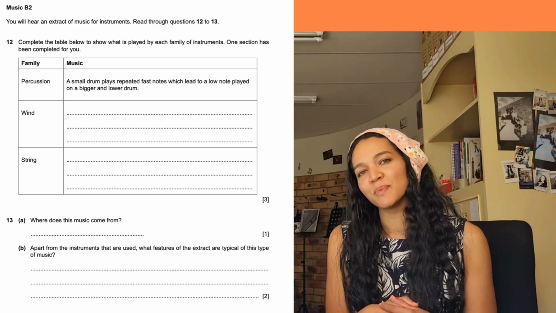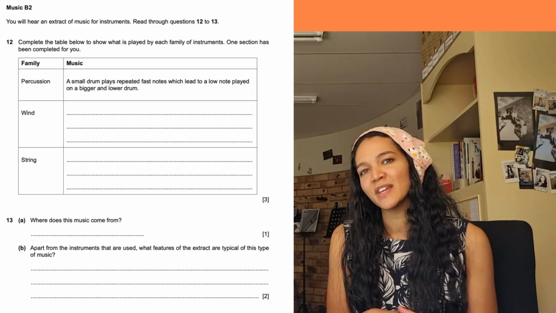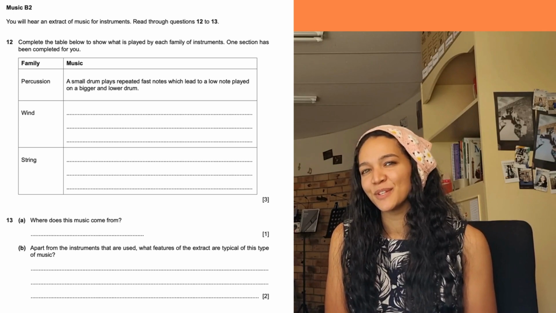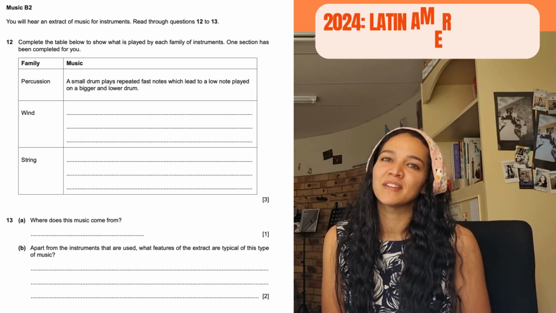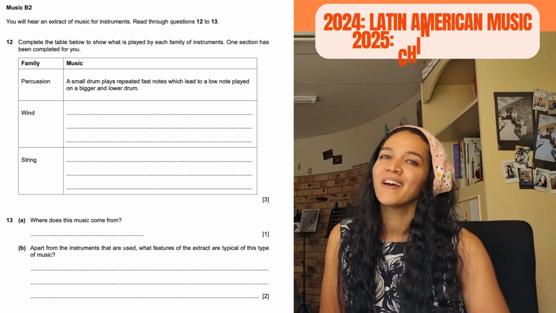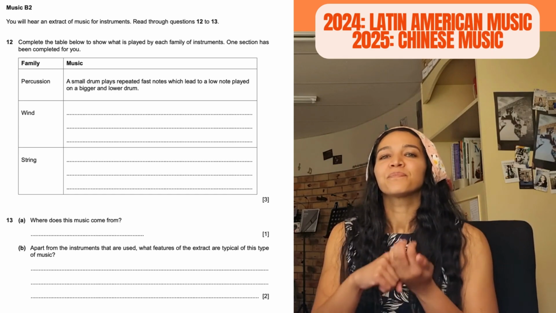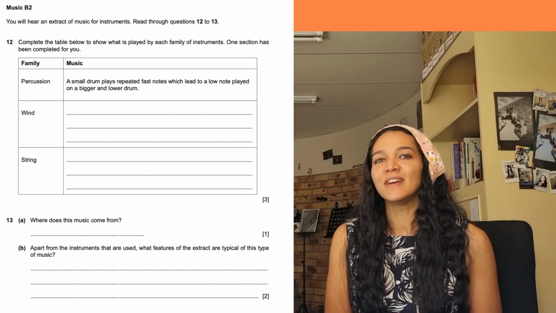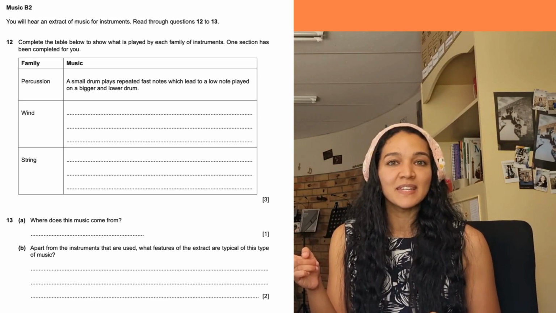And then of course section B3 has to do with your world music focus for the year. So if you're writing in 2024, that'll be Latin American music, and if you're writing in 2025, that will be Chinese music. But today we are sitting here with our Japanese world music, and we have been given a table.